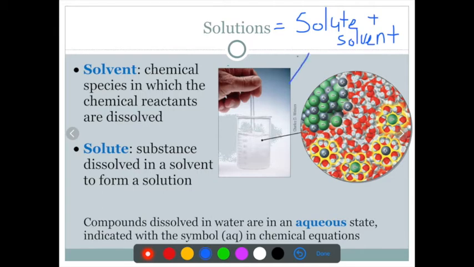Right here we have salt being dissolved into the water. When that happens, the salt is considered the solute, and that is being dissolved into the solvent, which is our water. Those are the two things for a solution, solute and solvent. And anytime we dissolve something in water, it's always referred to as aqueous.